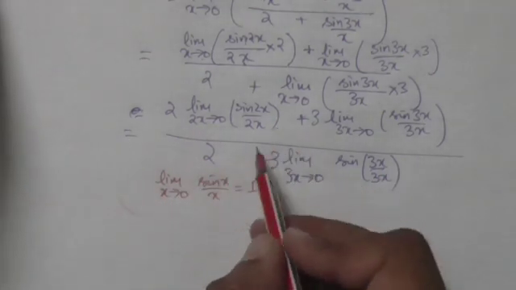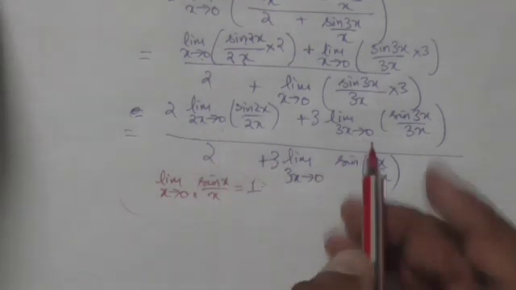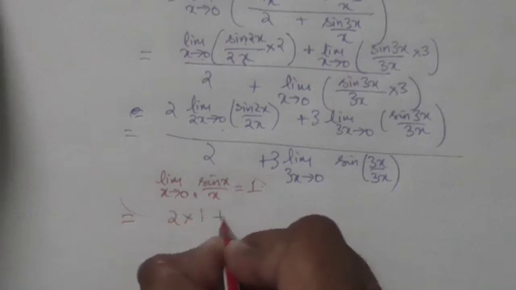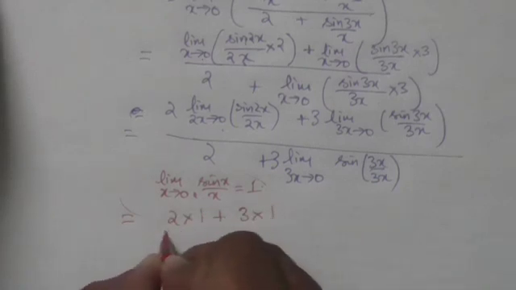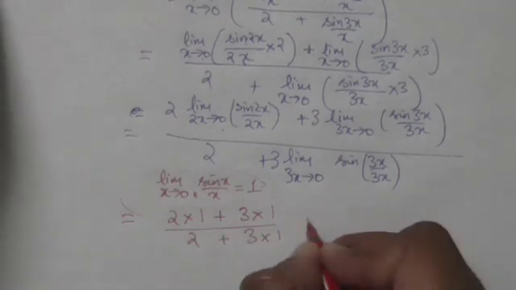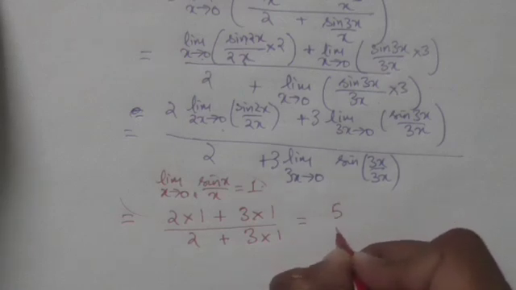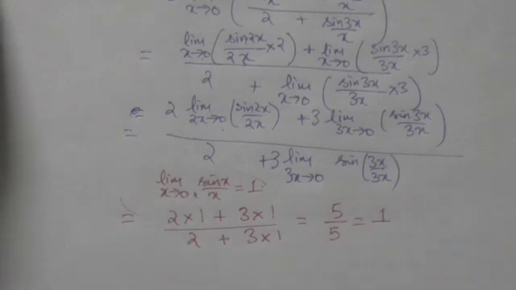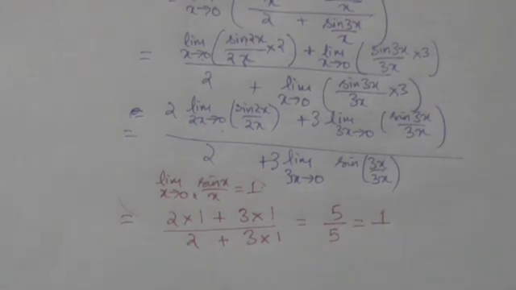So when we apply this theorem in this expression, we will get what? 2 into 1 plus 3 into 1 upon 2 plus 3 into 1, and it will be equal to 5 upon 5, and it is equal to 1, right? So let us solve one more question which is similar to this one.